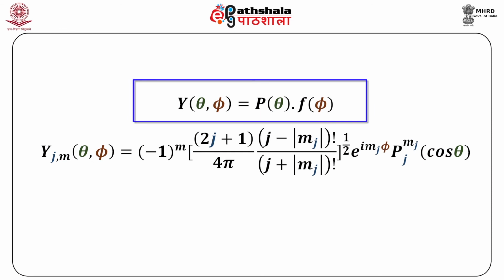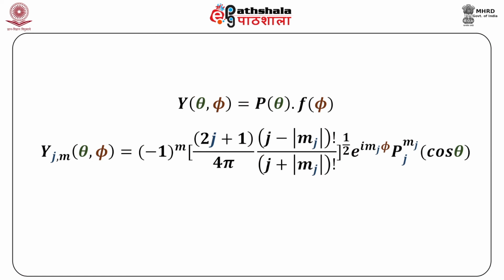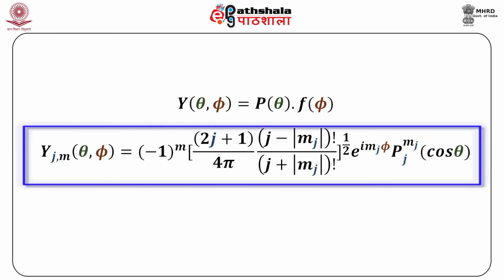So the wave function is written as Y(theta, phi) = P(theta) F(phi), and the final expression for the wave function is given as (-1)^{mj} [(2j+1)/4 pi x (j - |mj|)!/(j + |mj|)!]^{1/2} e^{i mj phi} P_j^{mj}(cos theta). So now with this we have derived eigenfunctions and eigenvalues of the angular momentum operator, and in the next module we will be taking up the addition of angular momenta.